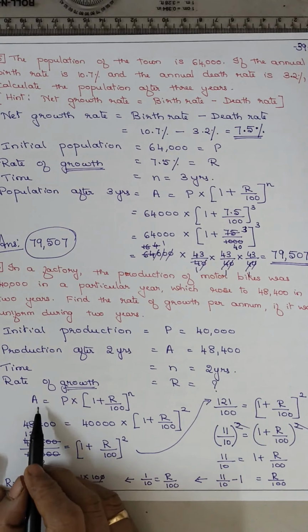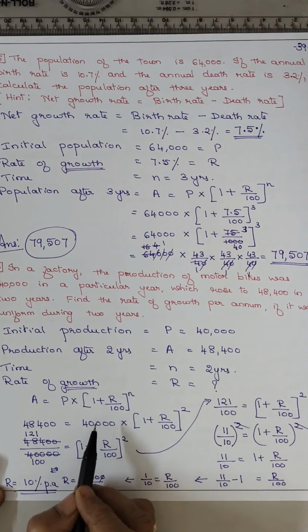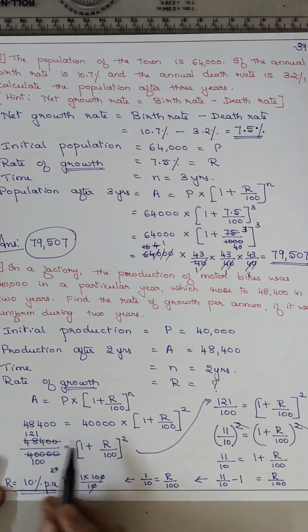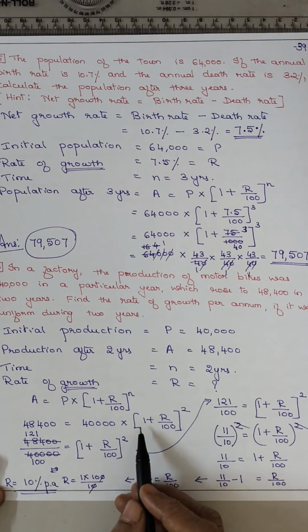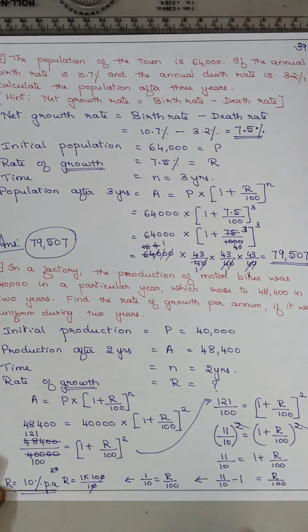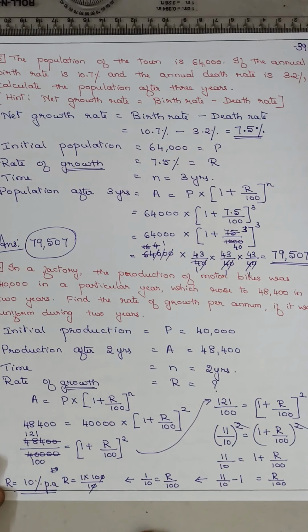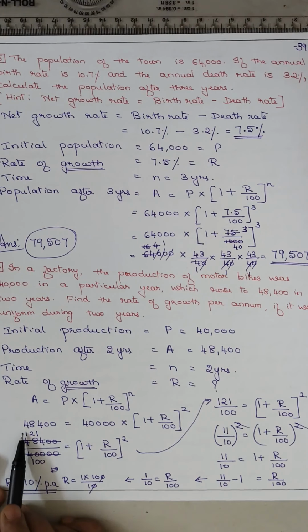So first, A is equal to P into 1 plus r upon 100 the whole raised to n. 48400 is equal to 40,000 into 1 plus r upon 100 the whole square. Now 40,000 bring it to the left side. So 48400 upon 40,000, 2 zeros cancel. 4 ones are 4 and 2 zeros means 100. 4 hundreds are 400. 4 ones are 4, 4 twos are 8, 4 ones are 4.